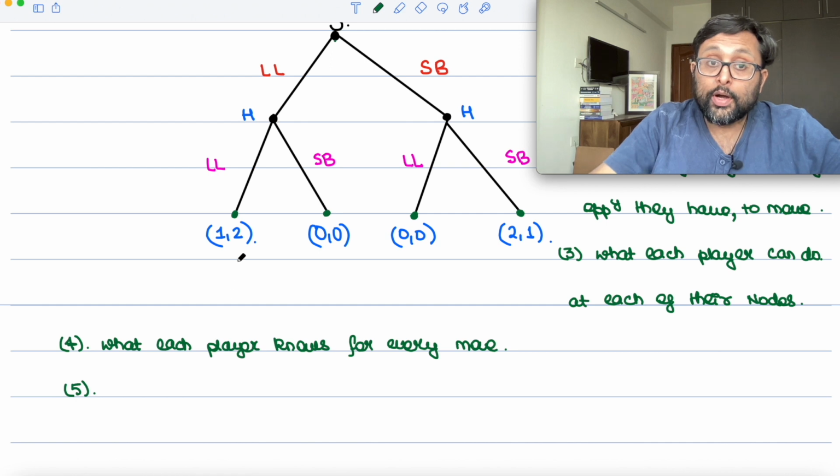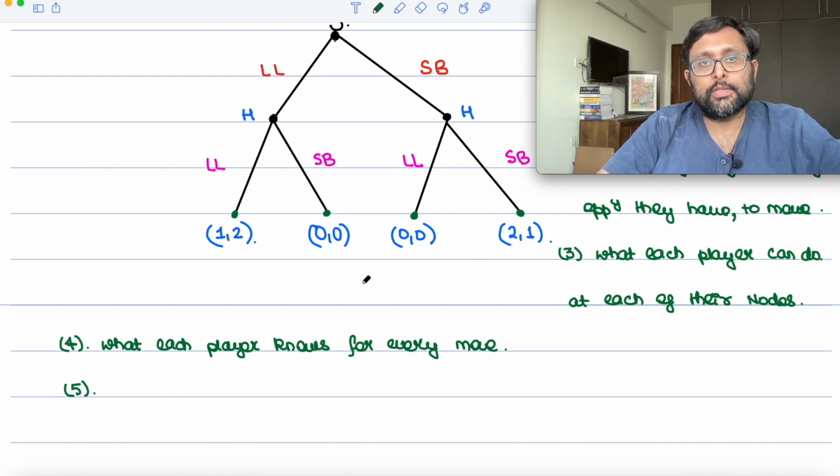And what are the payoffs received by each of these players at all the outcomes, right?